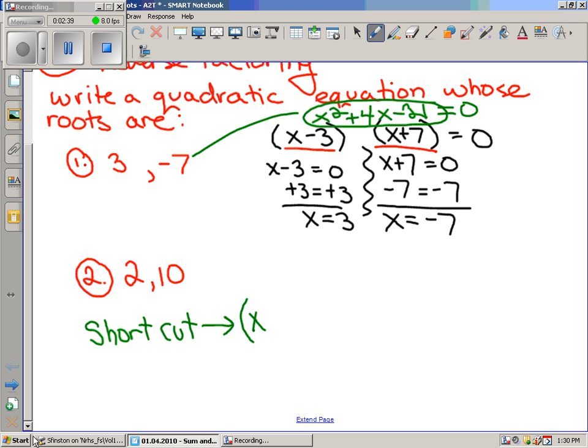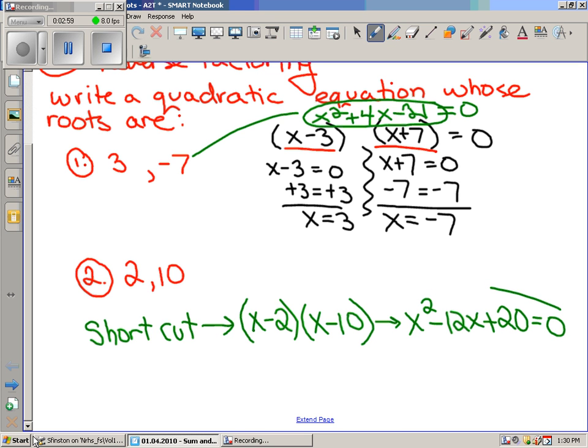So it's going to be x minus 2, x minus 10, and then you FOIL those back really fast to produce a quadratic equation. That's going to be x squared minus 12x plus 20 equals 0. And that's the quadratic equation whose roots are that.